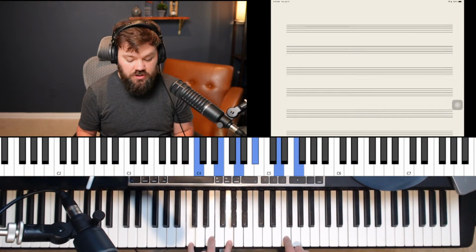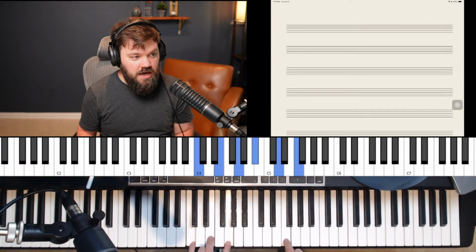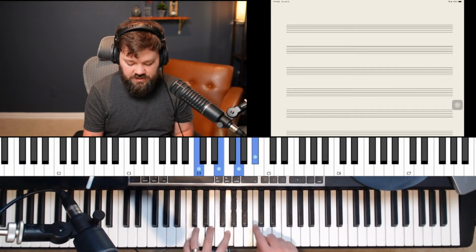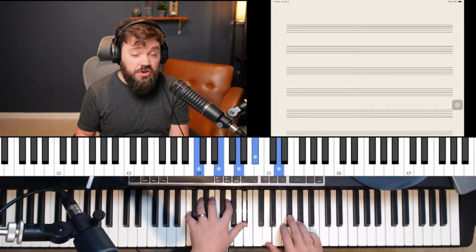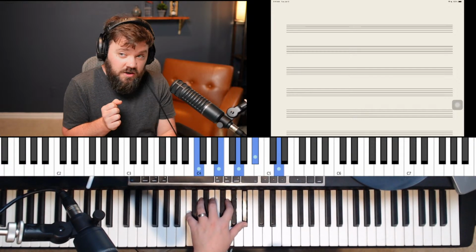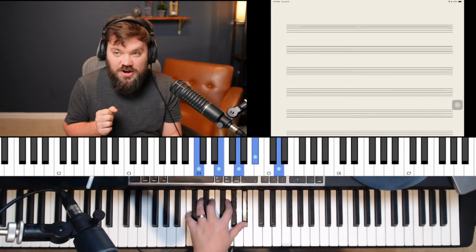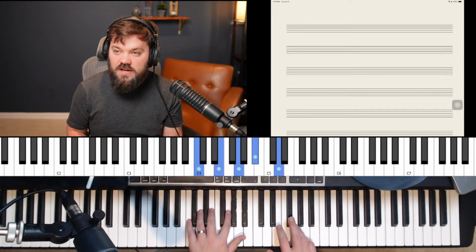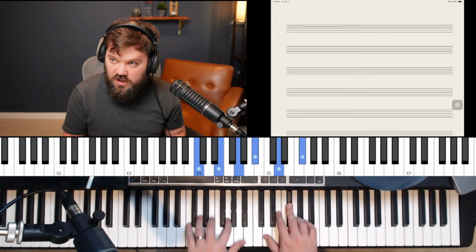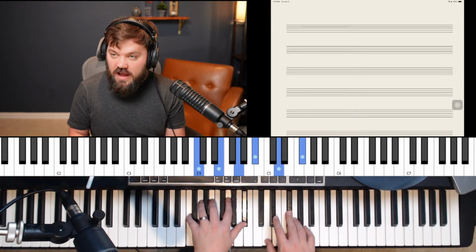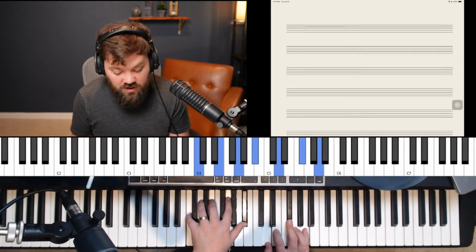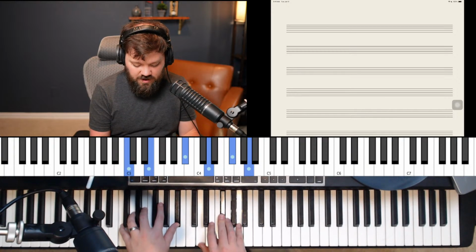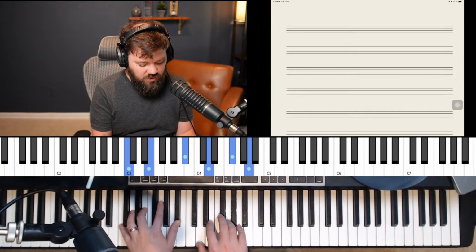The natural 11th doesn't work because it clashes with the third below, but we have the 7th, 9th, and then we nudge the 11th to the sharp so it doesn't clash so much with the third below. And then finally we land at our 13th. This is the first one I learned. I think I just discovered it as I was playing with chords.